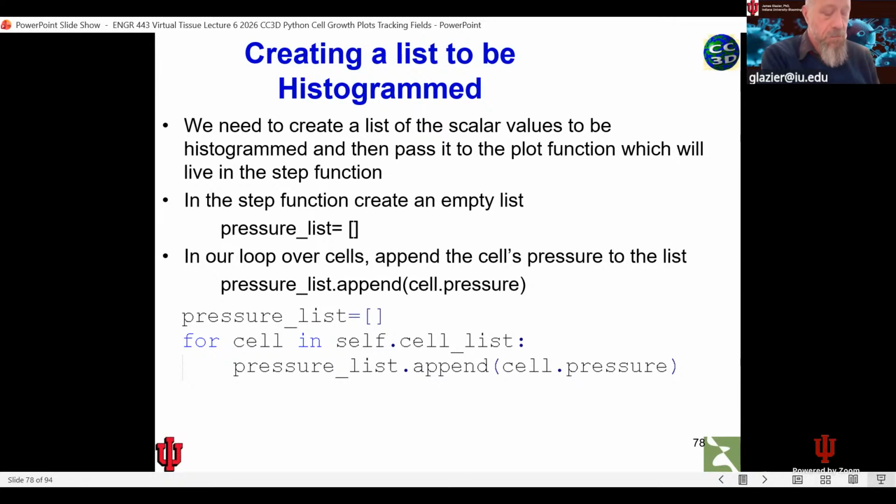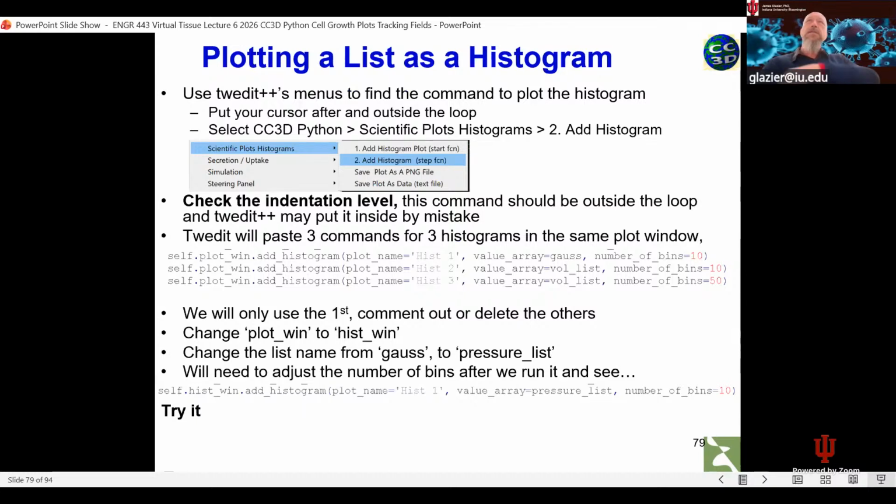In the step function, we'll create an empty list, volume list, and then do for cell in self.cell list, volume list append cell.volume. We can do the same thing for pressure in a minute, but let's do volume since that's what we started with. Then after we've created that list, we can do add histogram.